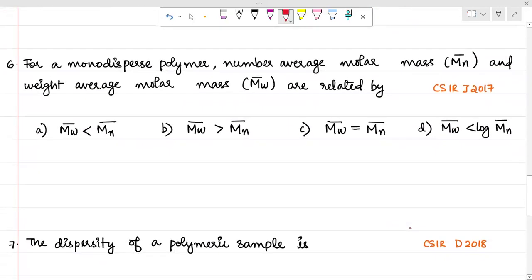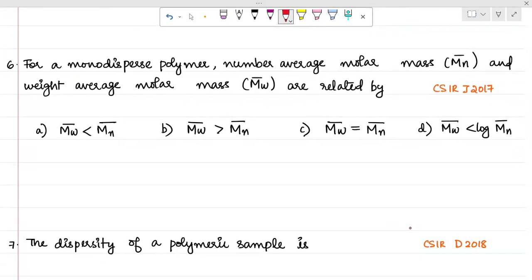Next one. For a monodisperse polymer, the number average molar mass and weight average molar mass are related by. We already know that the polydispersity index, PDI, of a polymer is written as Mw bar divided by Mn bar.